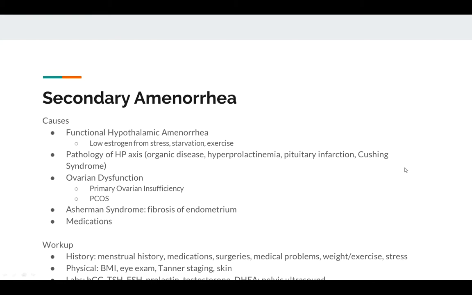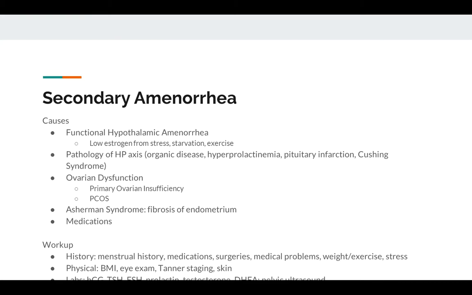So there may be a structural abnormality of the pituitary, such as a tumor or an infarct of the pituitary. Your prolactin levels could be high, or there could be Cushing syndrome. Ovarian dysfunction, such as primary ovarian insufficiency, which is an early onset of menopause, of the ovaries ceasing ovulation too soon in a woman's age, or PCOS can cause this.